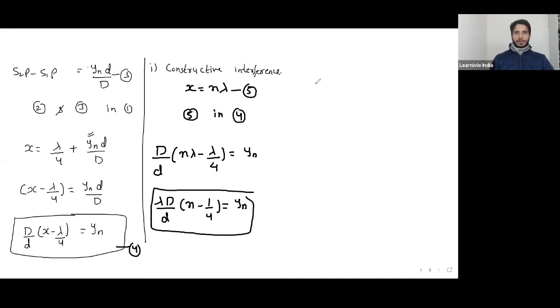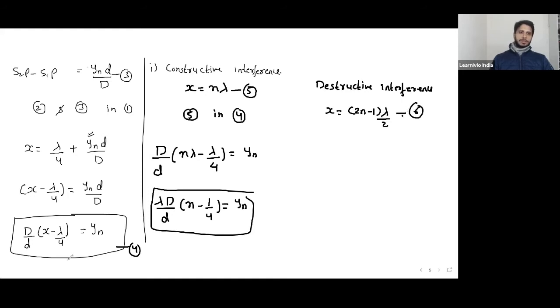Similarly, you can calculate the condition of destructive interference. And if you can remember, the path difference for dark fringe is 2n minus 1 lambda by 2. I call this equation number 6.